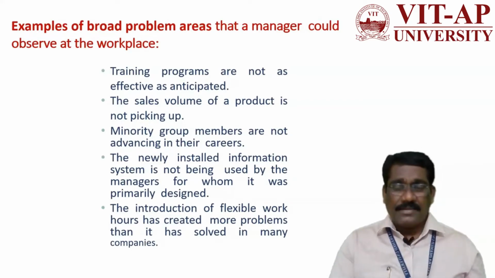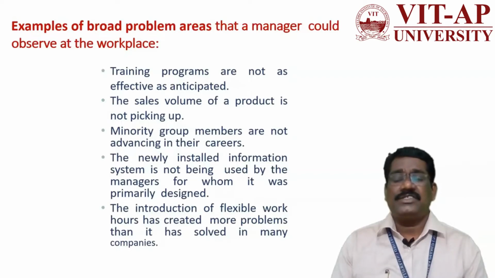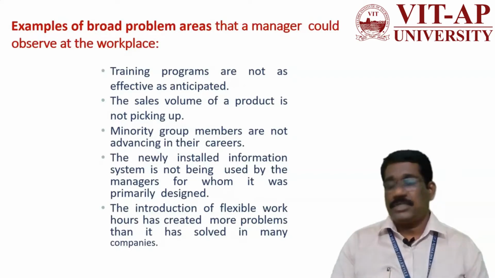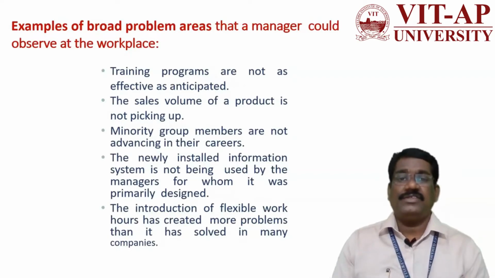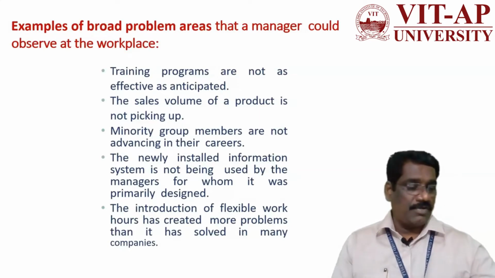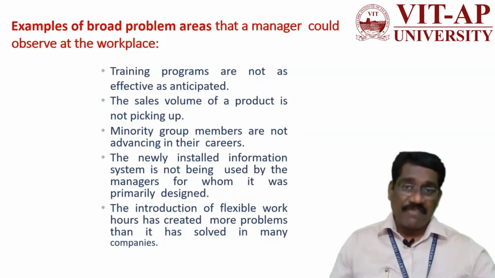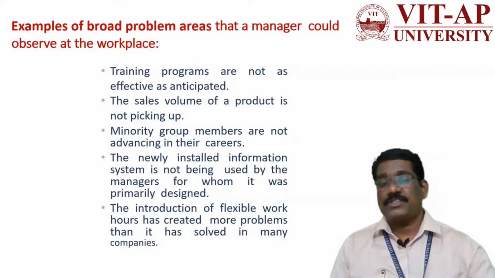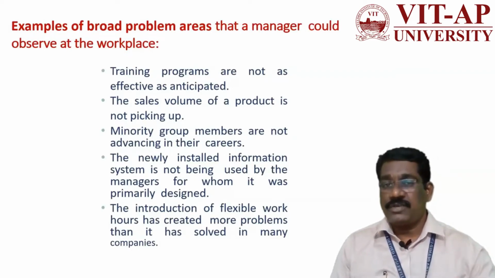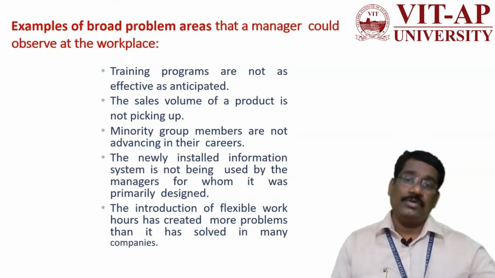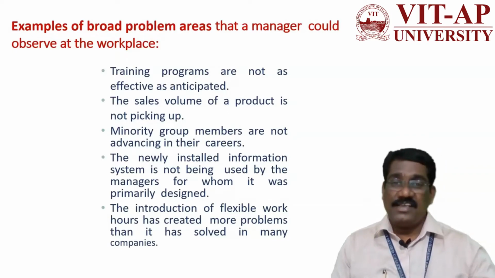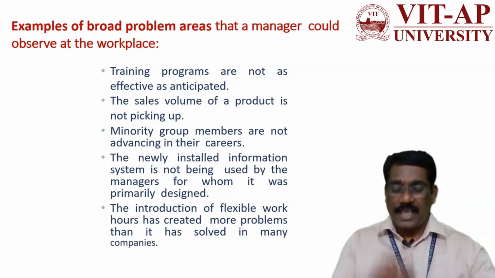Like that, there are many instances and problems associated with the different functional areas of the organization, so you have to carefully identify which functional area it is associated with. And in the process of exploring the factors associated with that particular problem, you also need to seek the help of other departments.